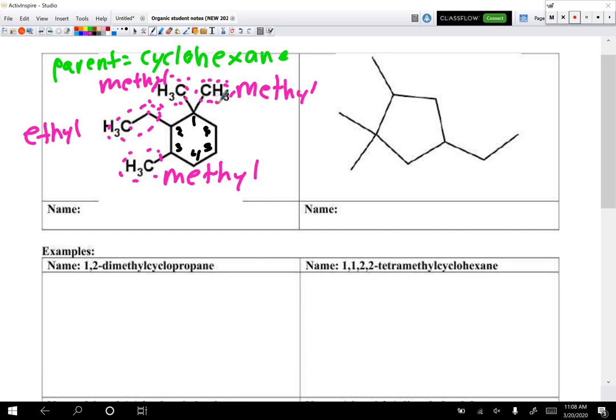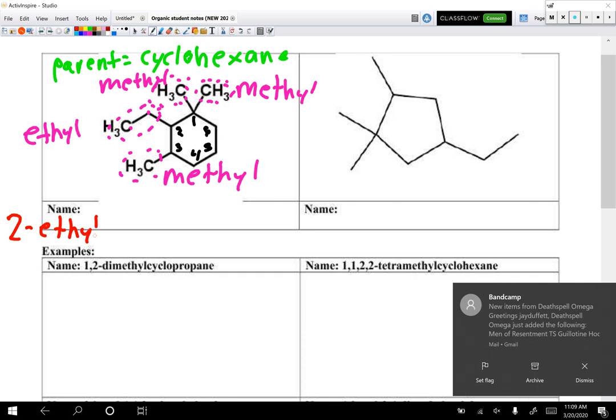So now when we actually name this right here, because we have different branch names, we need to consider the alphabet when numbering or naming it. So E comes before M in the alphabet, so we're going to have to name our ethyl first. And we have our ethyl off carbon 2. So this name is going to start with 2-ethyl. So that is that branch. Now we need to name our methyls.